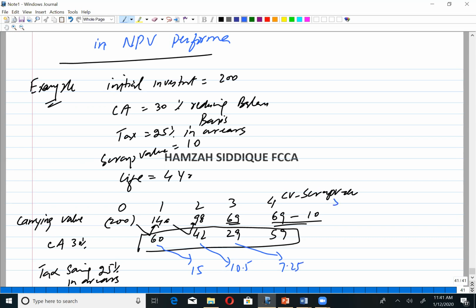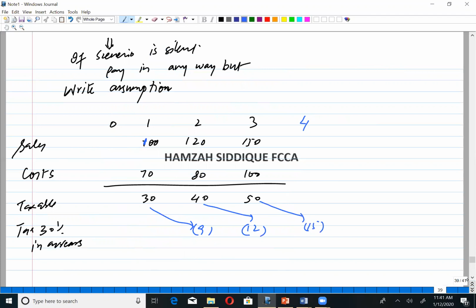And for year 4 it will go in year 5. We have to add 59, so it is around again 15, just rounding off. So this will be added to the post-tax cash flows which were calculated above. Here it will be added, tax saving on capital allowance. Here it will be added, post tax.